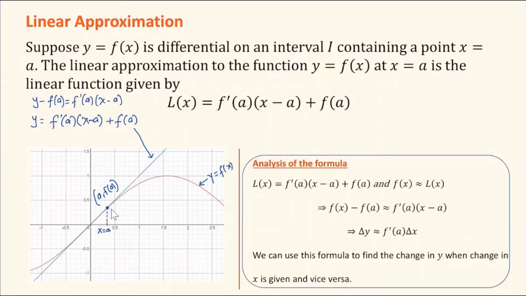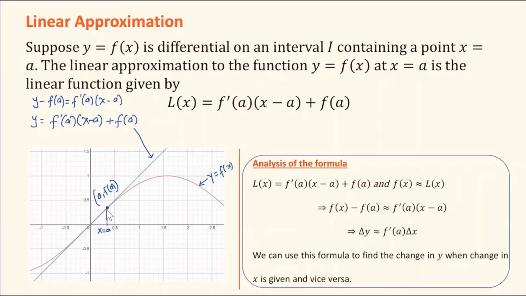Now, if you try to analyze the tangent line and this function together, you can see that for the points around a, for the points around x equal to a, if I go from here on this side towards the left, all the way up to here, you can see that the tangent line and the graph are together.